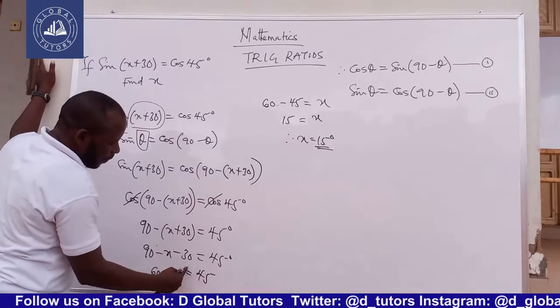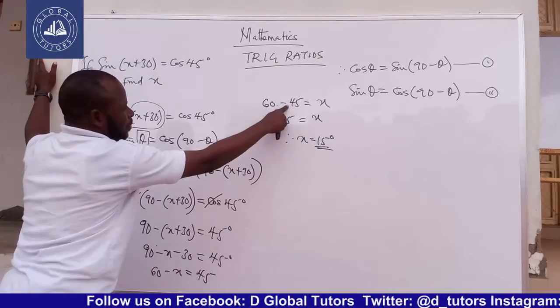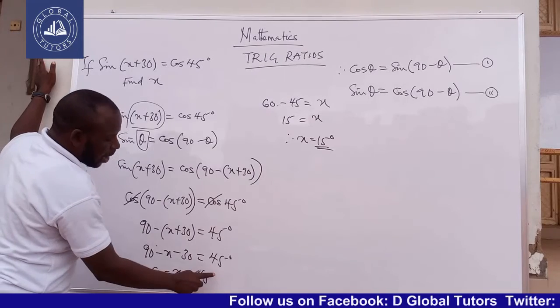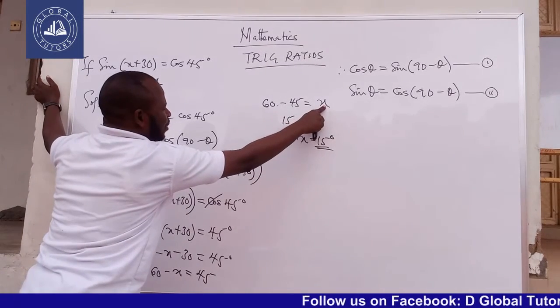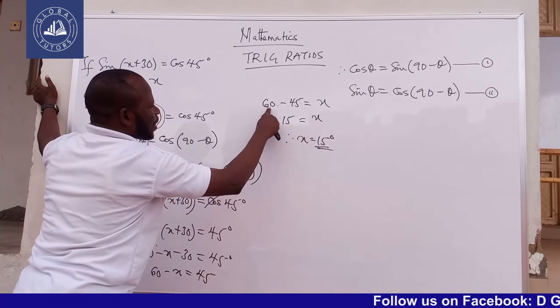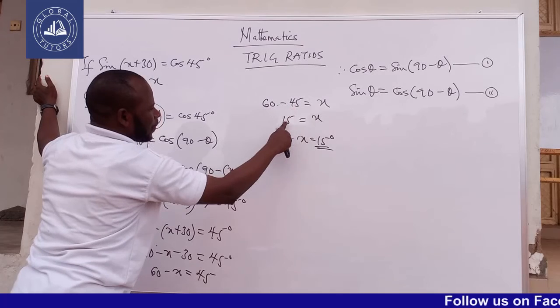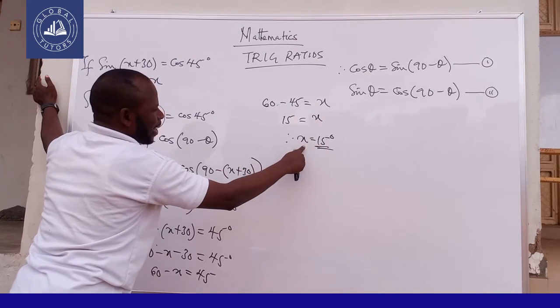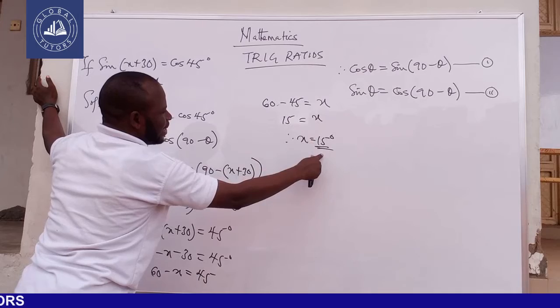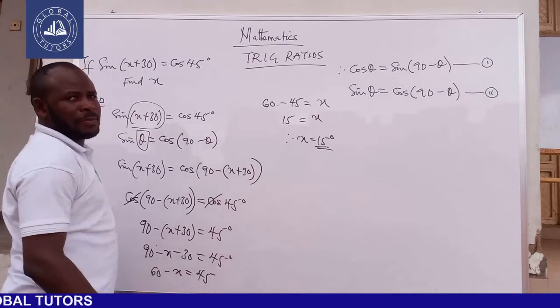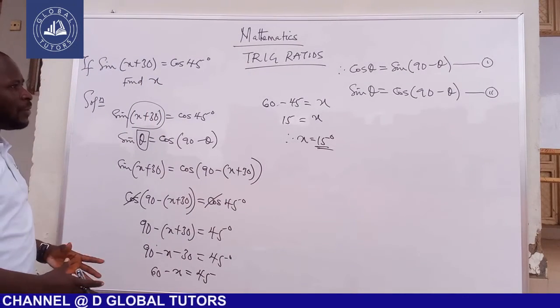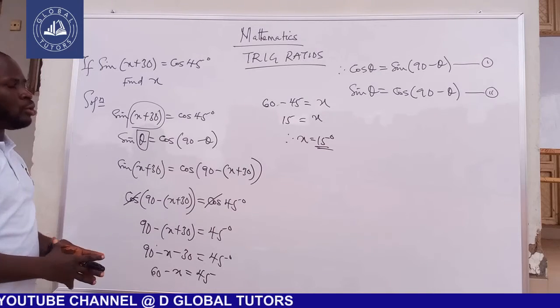If 45 moves across the equality sign, it becomes minus 45. If minus x moves across, it becomes plus x. So 60 minus 45 gives me 15 equals what? X. Therefore I can conclude that x is 15 degrees.